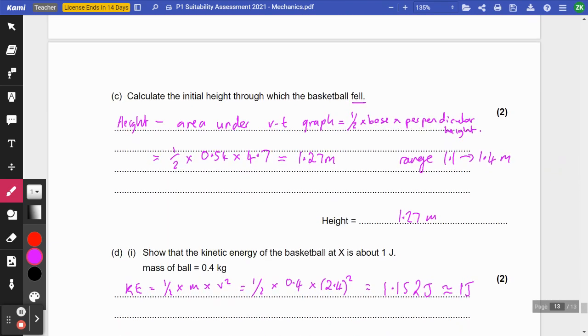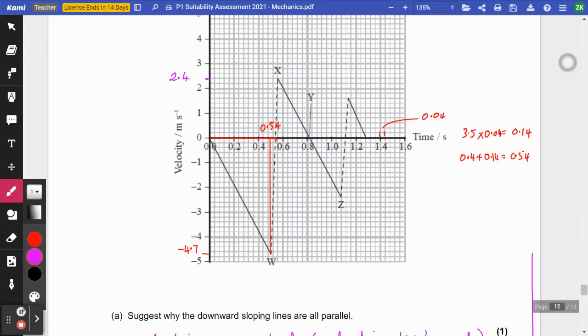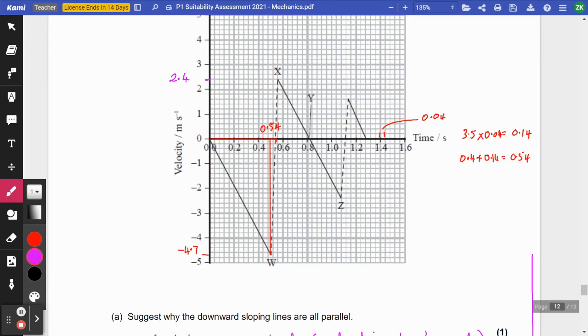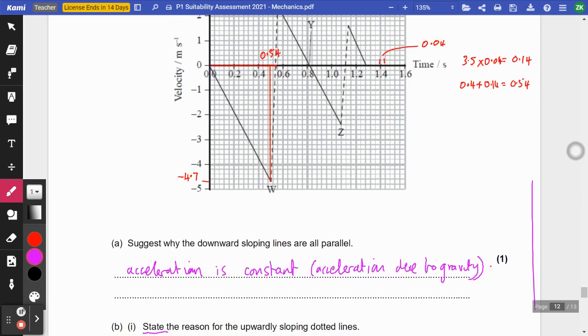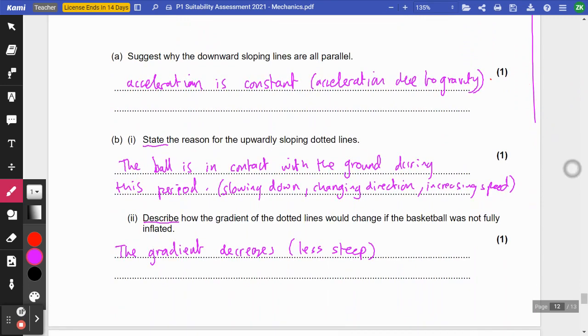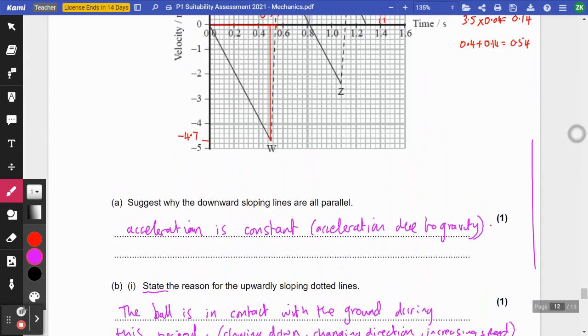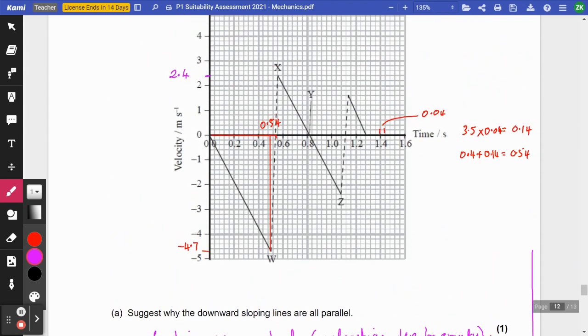Calculate the initial height from which the ball fell. It's a velocity time graph, so the distance is what we need, and that's the area underneath the graph. So we know that the ball is falling and hits the ground and reaches zero speed here.